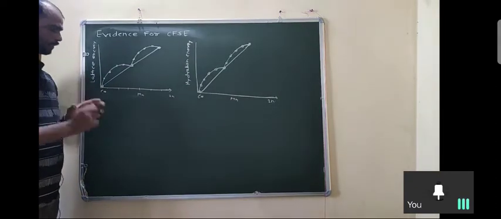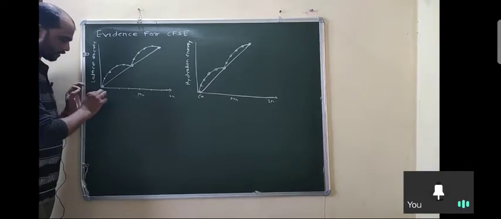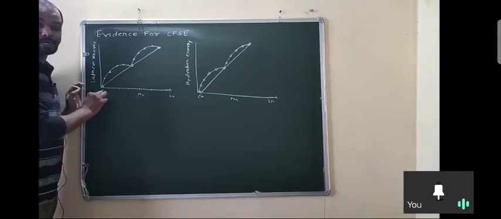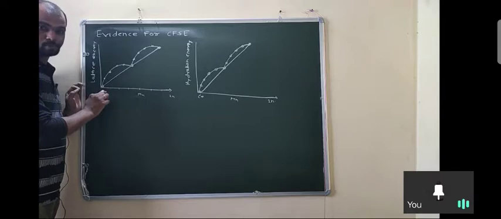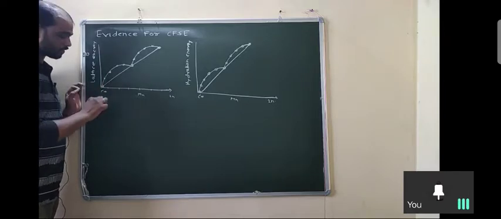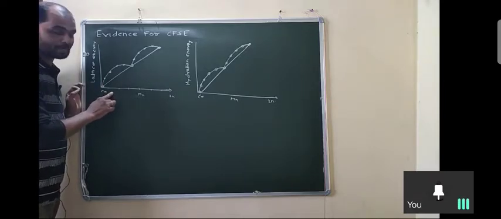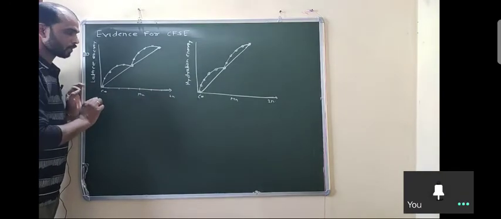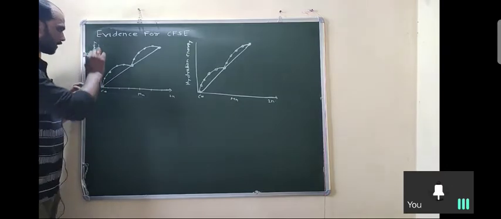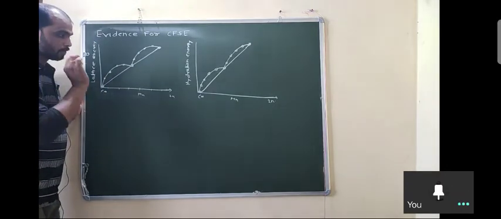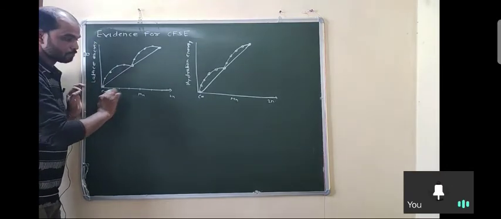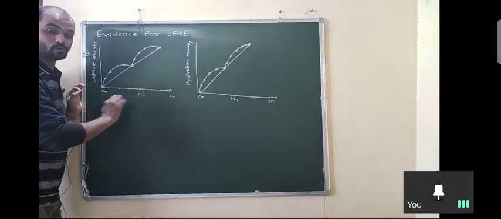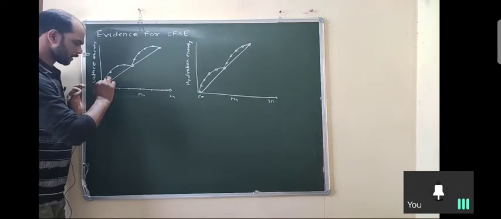Basically we consider here calcium, which is the last element of the s block before the first transition series. After that start scandium, titanium, vanadium, chromium up to zinc. If we consider the lattice energy of these elements from calcium to zinc, we observe this type of trend.